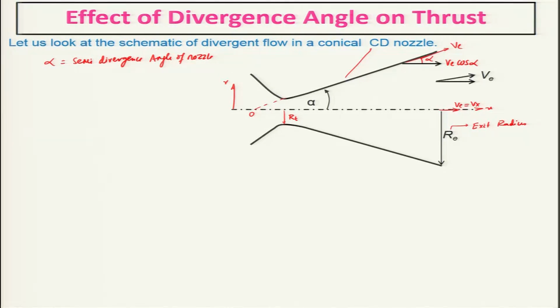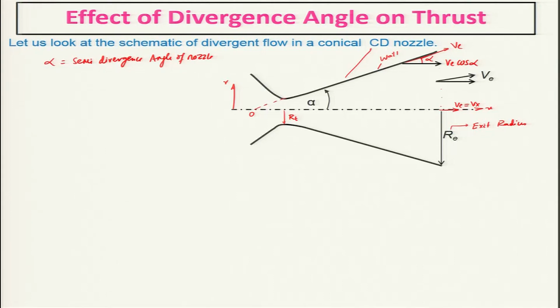At the axis, the angle of the flow from the exit of the nozzle is 0, but as it moves along the radial direction towards the wall, this angle alpha changes. That means the flow divergence angle changes from 0 at the axis to the maximum, alpha, near the wall. In this case, we are not considering the boundary layer effect, only the flow divergence. Keep in mind that there will be a boundary layer on the wall of the nozzle.